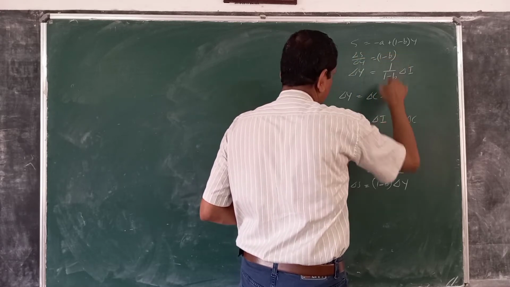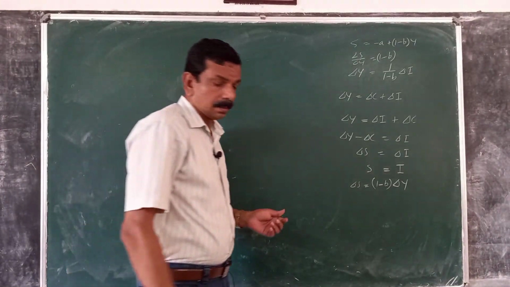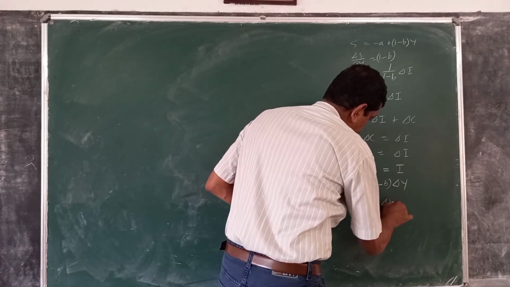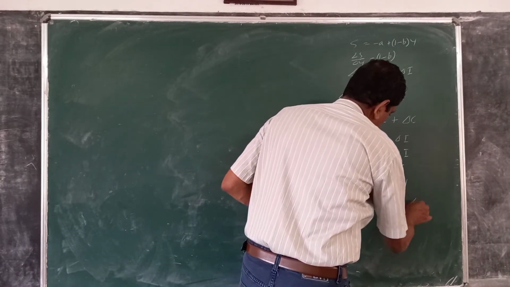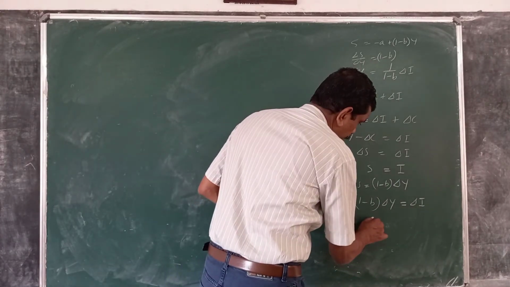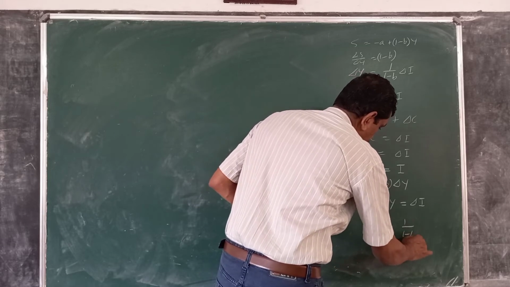So, it follows that delta S is equal to 1 minus b into delta y. So, 1 minus b into delta y is equal to delta I, so that delta y by delta I is equal to 1 by 1 minus b.